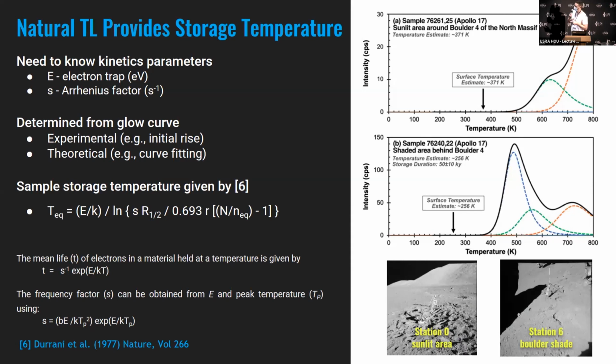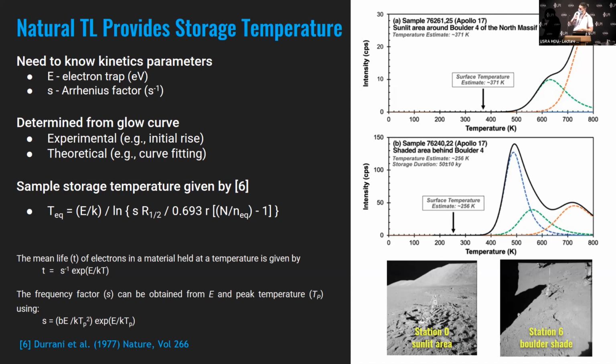Just to give you an idea of how this works, look at the plot on the top right-hand side of this slide. This is the glow curve that we would measure in the lab. On the x-axis is the temperature that we heat the sample up to, and we measure the light coming off; that's the y-axis.